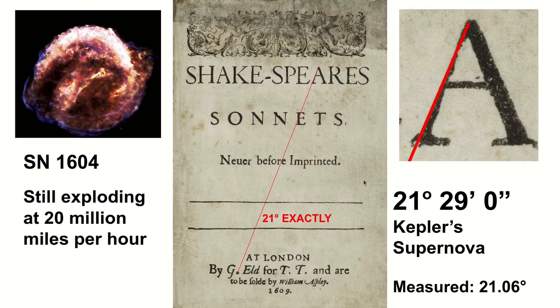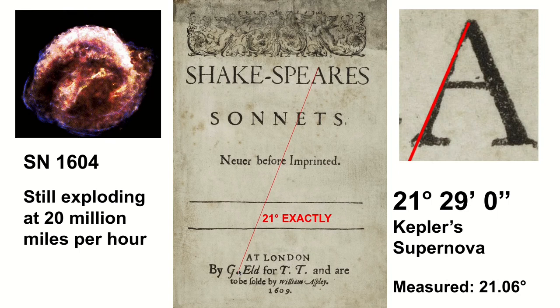The measured angle is 21.06, but that number should come down. We're at such accuracy that the pixelation of the page is such that 1 pixel difference is changing that. So this line is intended to be 21 degrees.